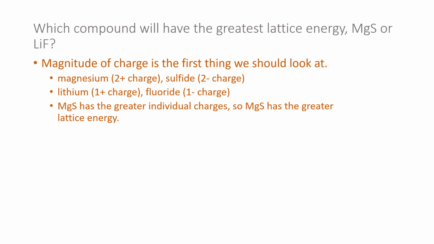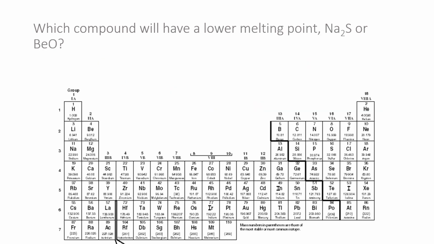If you do that, you're going to get +2 times -2, that's -4, and then +1 times -1, that is -1. But we're not looking at the actual physical numbers, we're looking at the magnitude. So basically 2's are greater than 1. So magnesium sulfide would have the greater individual charges, so that has the greater lattice energy.